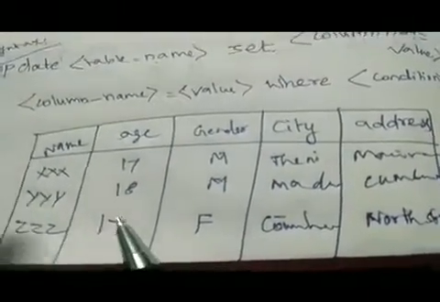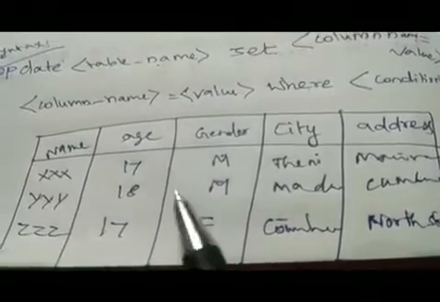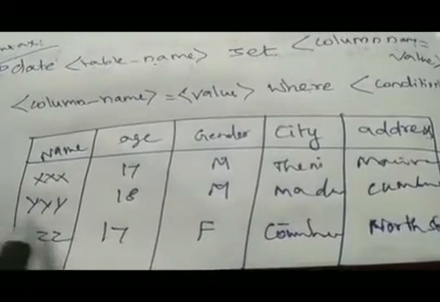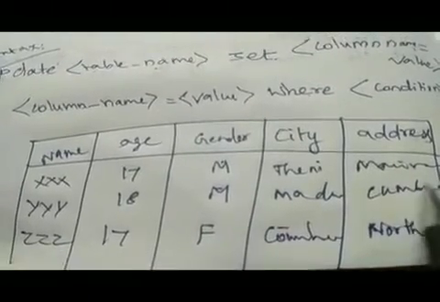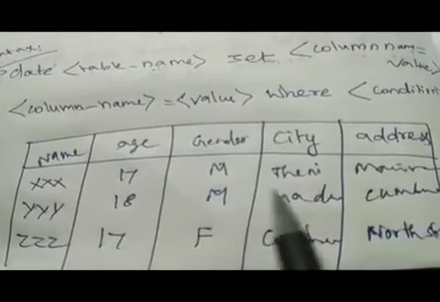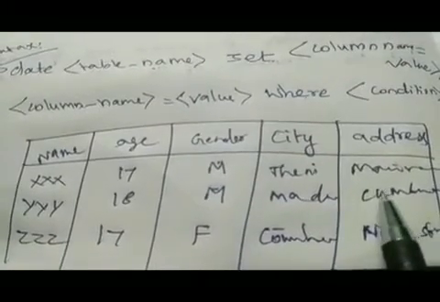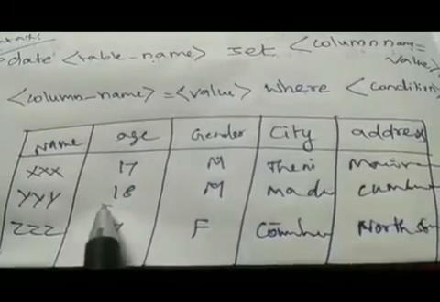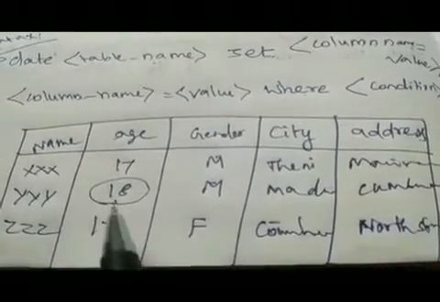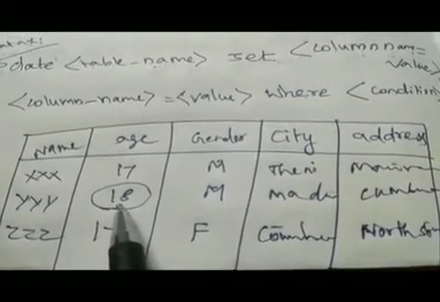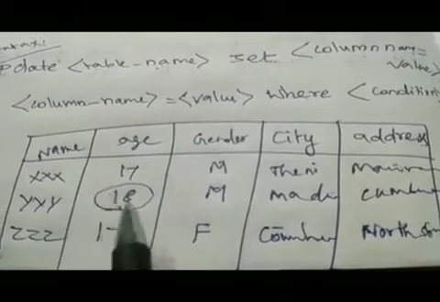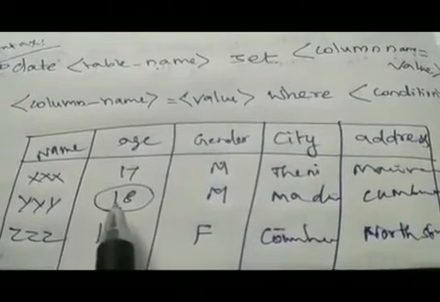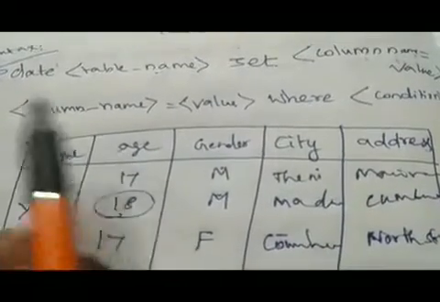So what we are going to do in this table, we are going to change the name for a particular record, or we are going to modify the data for a particular record. For example, in the second record we are going to change the age. So how can we specify it? Normally in words how can we say it? Second row, but we can't specify that here.